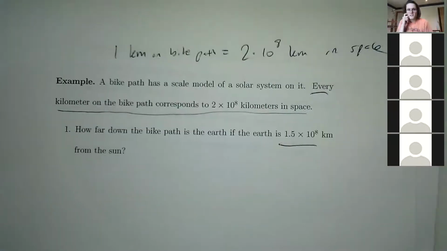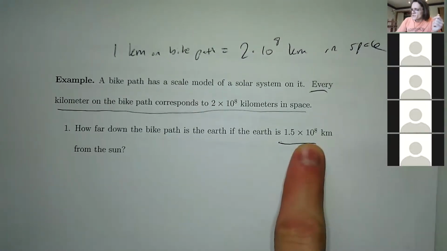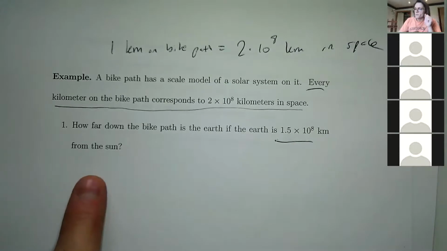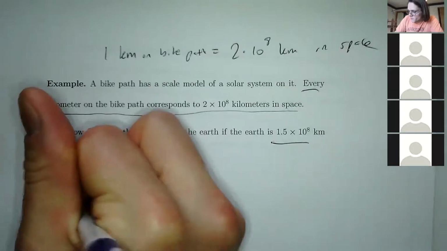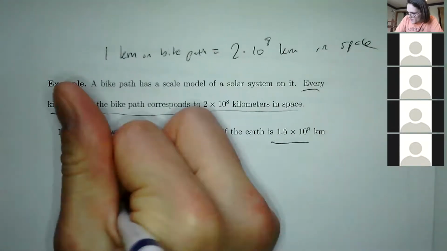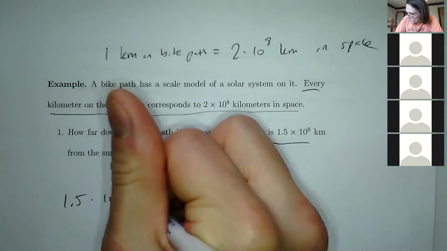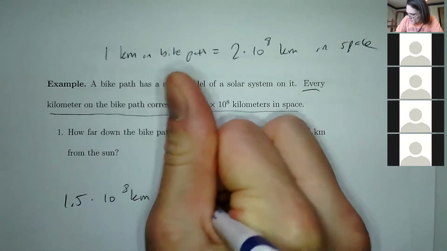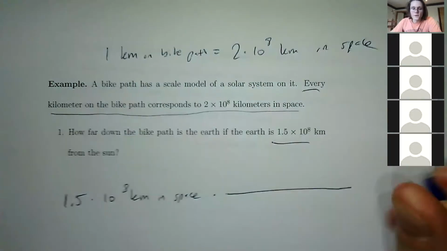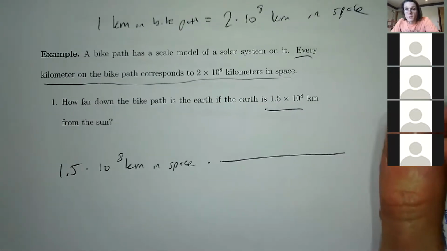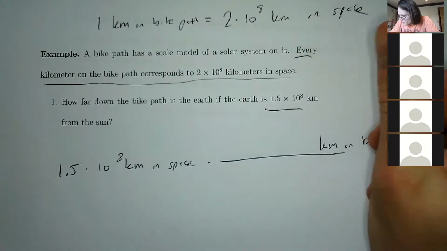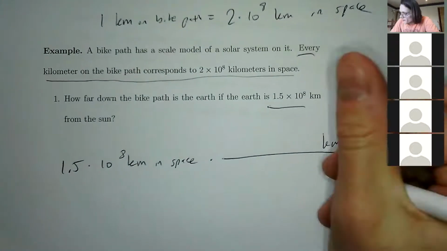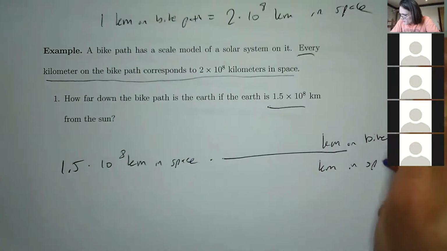It's the same as 12 inches equals 1 foot. If I want to convert from kilometers in space, I'm just going to multiply and divide appropriately. So I'll start with 1.5 times 10 to the 8 kilometers in space, and then times, since I want to go into kilometers on the bike path, I'll put that on top, kilometers on bike, I'll just abbreviate bike because I'm out of space, and then kilometers in space on the bottom.